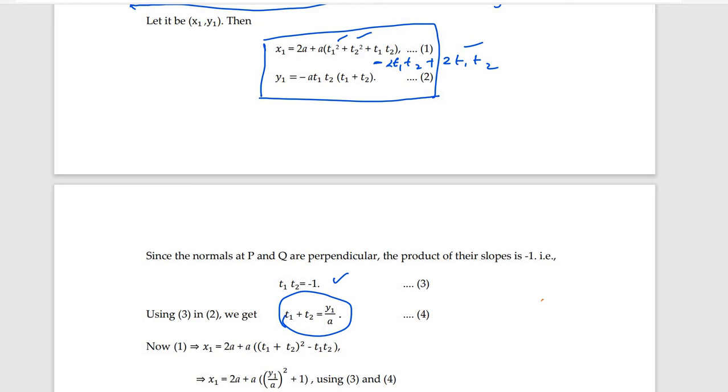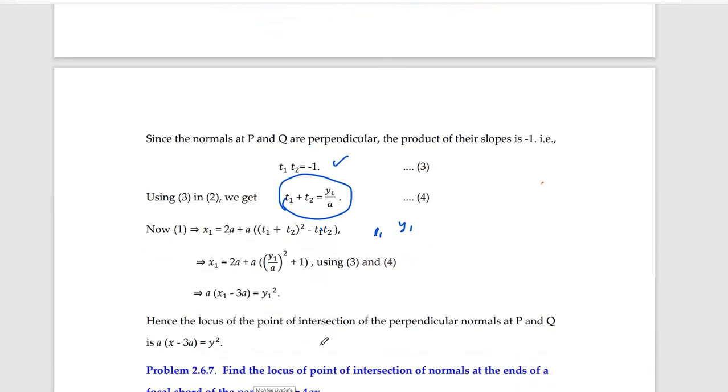So ultimately we have minus t1 t2. So this is what we have, and t1 plus t2 can be replaced by y1 by a. So in this we have x1, y1 and the known terms. Further simplifying and dropping the suffix will give the required locus.